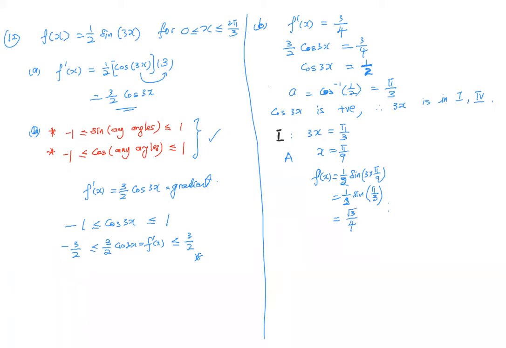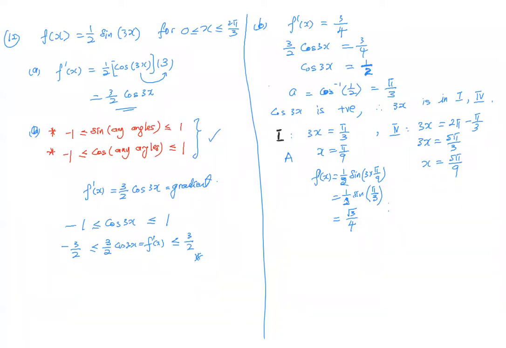So after finishing first quadrant, we go to fourth quadrant. Fourth quadrant, your 3x will be equal to 2 pi minus the acute angle. So 3x will be equal to 5 pi/3. So your x equal to 5 pi by 9. Still within 2 pi by 3, am I right? Yeah, still within 2 pi by 3.